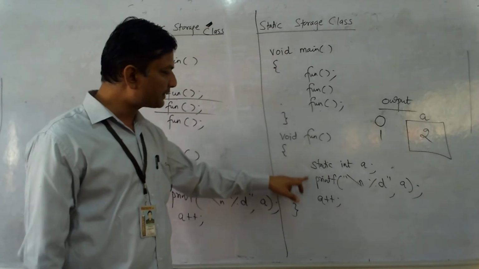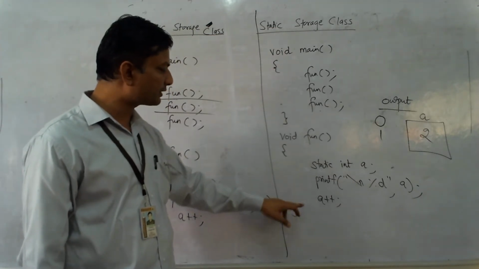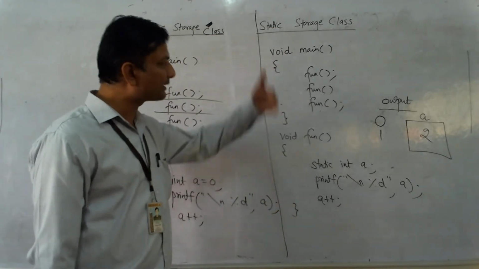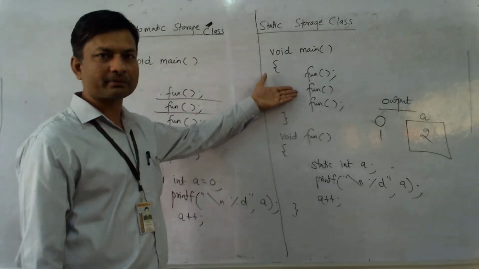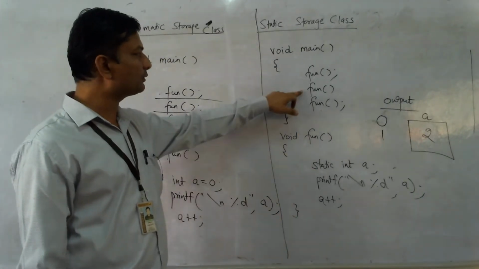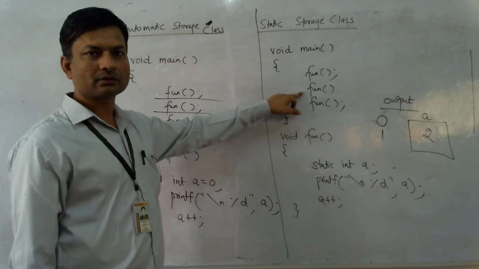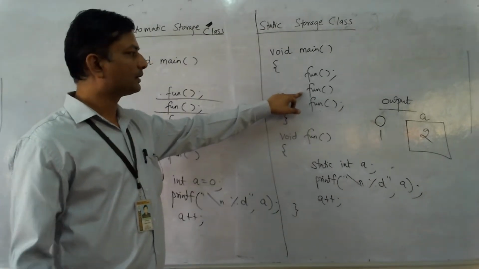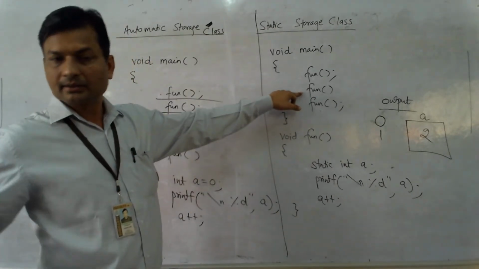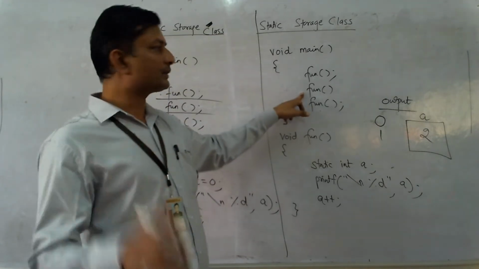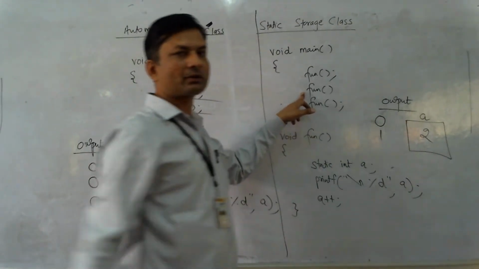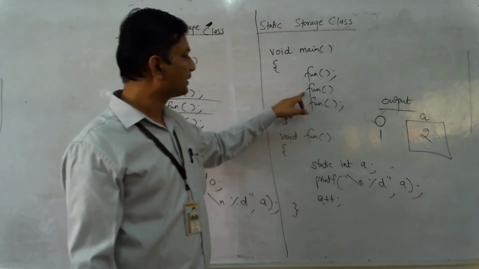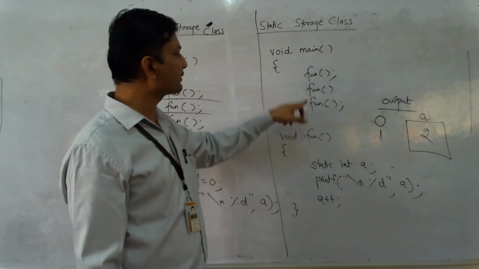Now with the completion of last statement of fun function, control returned back to the place from where it jumped. Control will return to this place. But as we can see that program is still executing, so this variable will not be deleted from the memory. Now third line of main function will be executed.